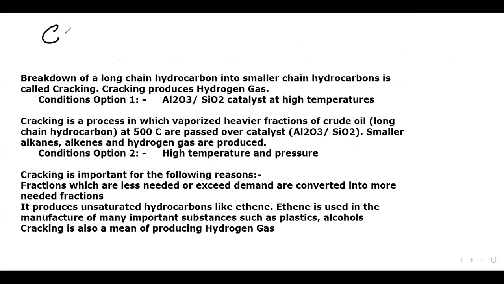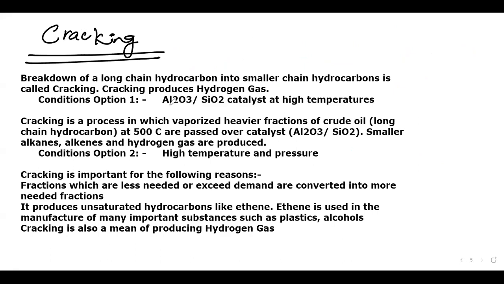The next reaction is cracking. What is cracking? You've already done this in O levels. It is a breakdown of long chain hydrocarbons into smaller chain hydrocarbons, and there are two conditions.